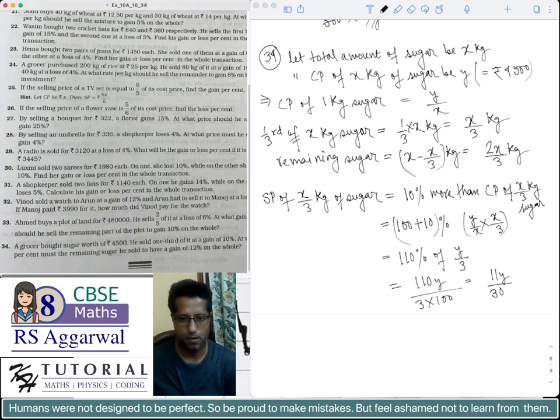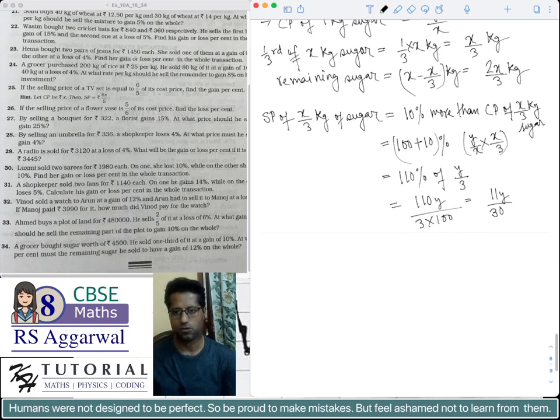Now it is asking at what gain percent must the remaining sugar be sold to have a gain of 12% on the whole. The selling price of the 1/3 of the sugar is 11Y by 30. Now we have to find what should be the selling price of the entire sugar so that the grocer makes a gain of 12% on the whole.